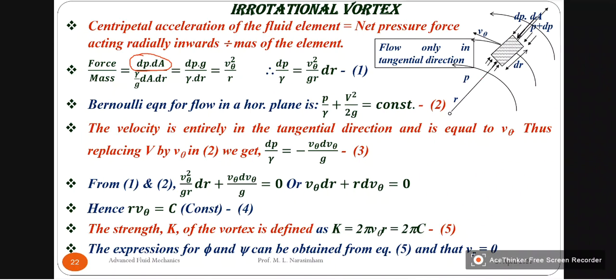If a pressure of P is acting in this direction on a small element which I have chosen, and a pressure of P plus dP is acting in the other direction, then the force in the outward direction is P into dA on this face, and the force in the inward direction is P plus dP into dA, assuming that there is not much difference between the areas, because this is dr and this is also dr. So dr into 1 will be the area.